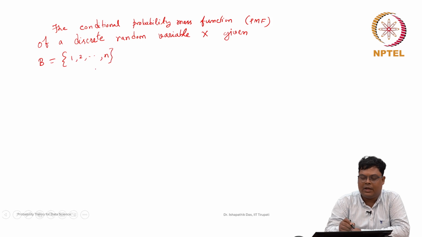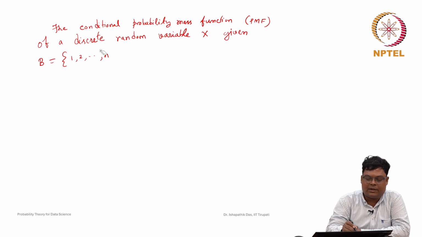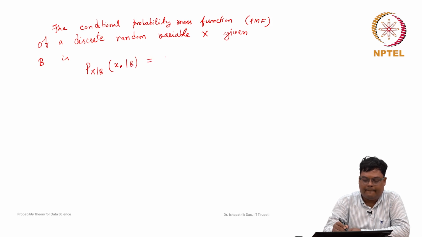Let us discuss first, for any event B, the conditional PMF is represented as P of X given B at xk, which is equal to the probability that X is equal to xk intersection B, divided by the probability of B.